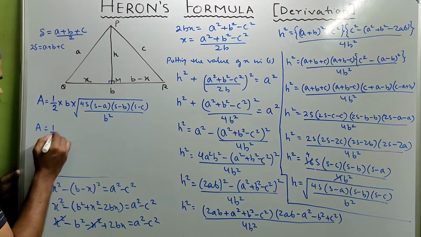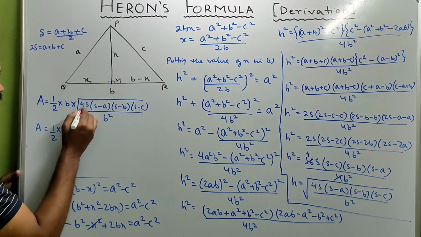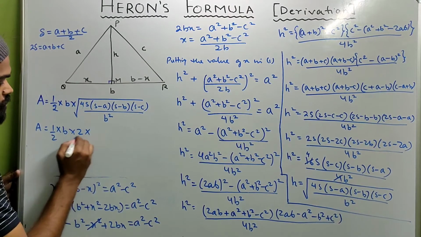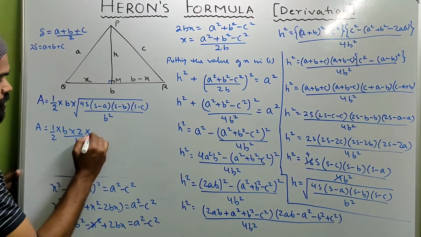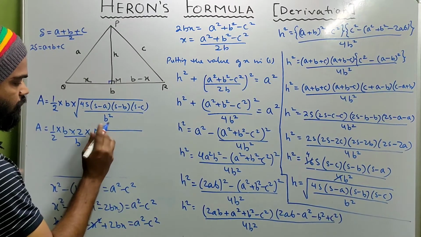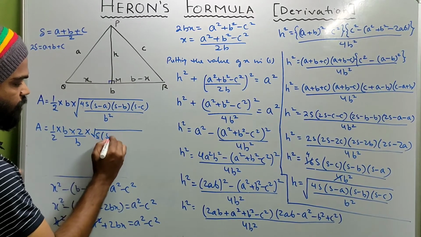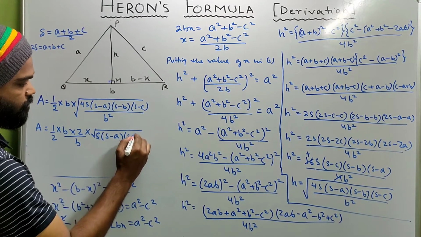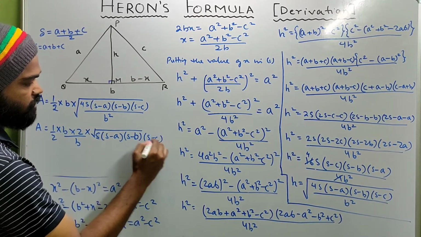Solve it. So this is half multiplied by b. Square root of 4 is 2, into this b comes out, root of s minus a, s minus b, s minus c. Isn't it?